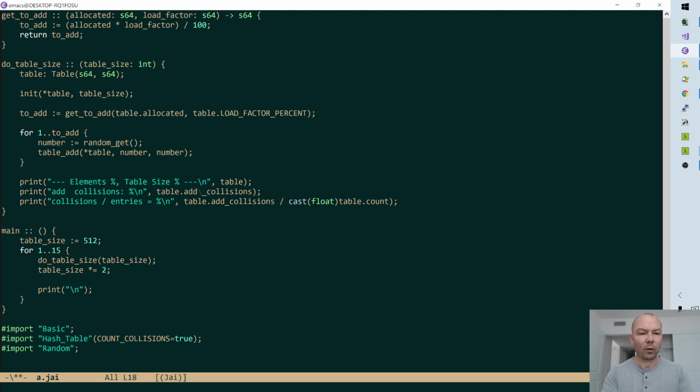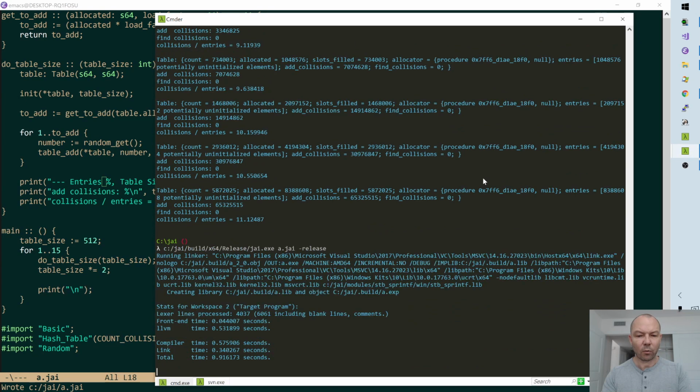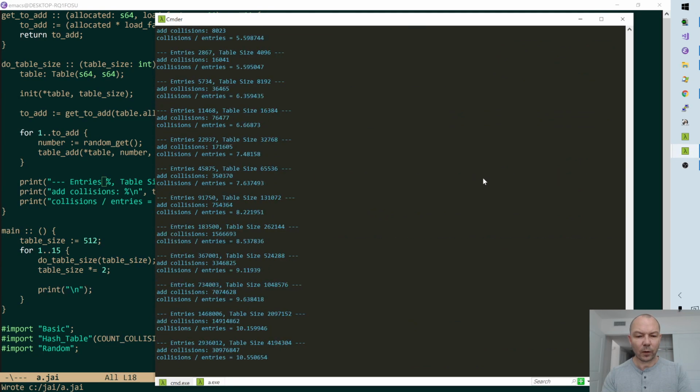All right, so this is to add and table.allocated. Add collisions is this. Collisions divided by elements. No, entries. Entries is fine. We just want to use consistent terminology, right? So, okay.